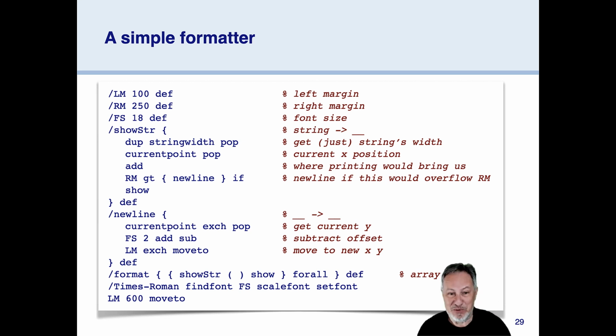If the last example wasn't enough for you, here we have a very simple formatter. Now, in reality, when you have a word processor, all the computation of where the words go and how they're positioned on the page is computed not in PostScript, but in the word processor itself.